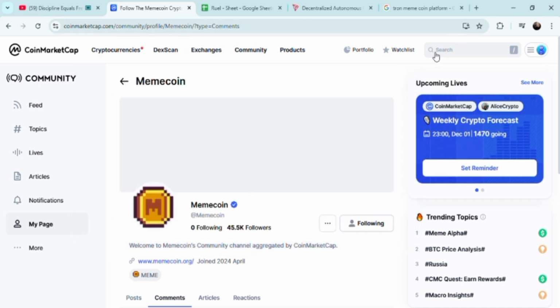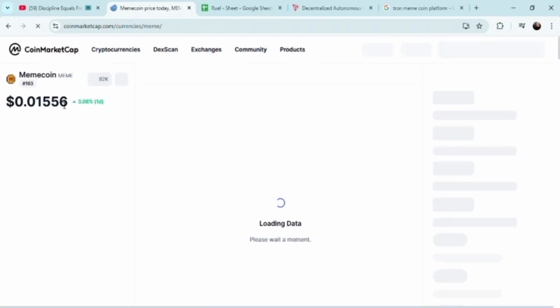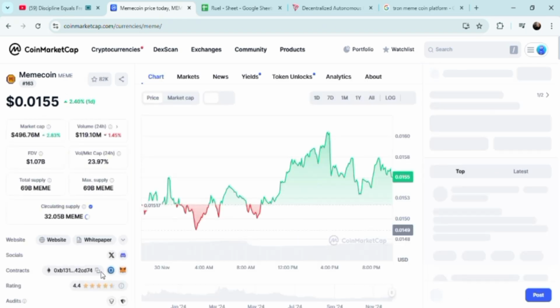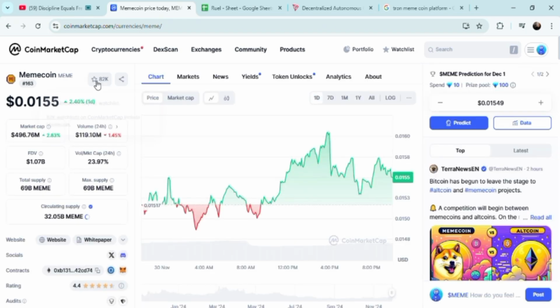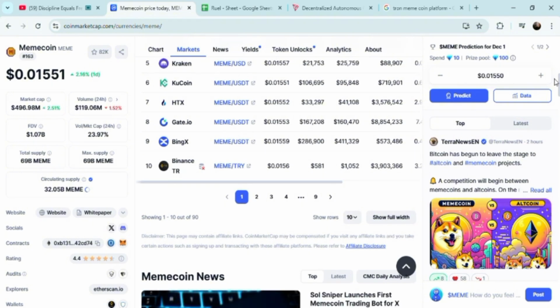Speed is very crucial when trading meme coins due to their price volatility. Tron's network processes transactions in seconds, thanks to its delegated proof of stake, DPoS, consensus mechanism, which allows for rapid block confirmations.